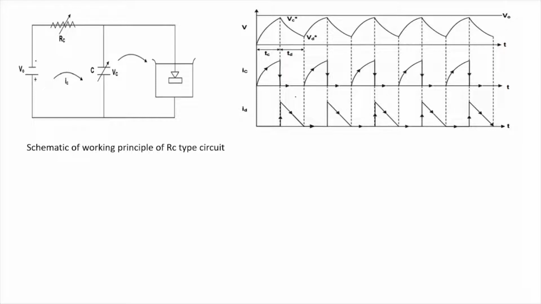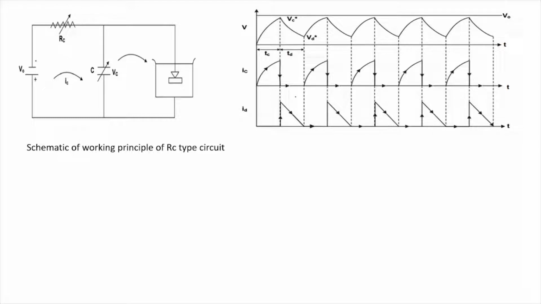Both are passive components in an electrical circuit. The RC circuit consists of both a resistor and a capacitor, and it is driven by a voltage source or current source.